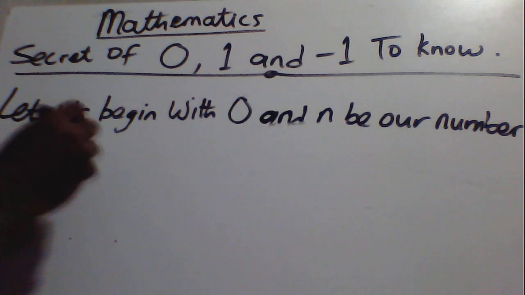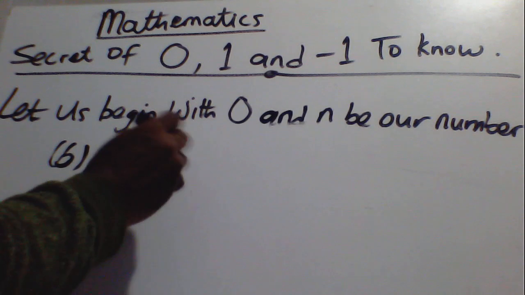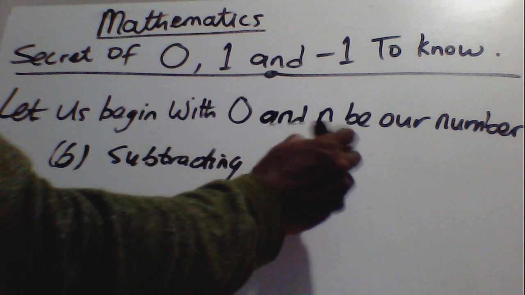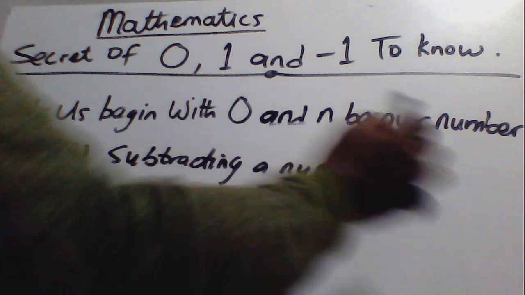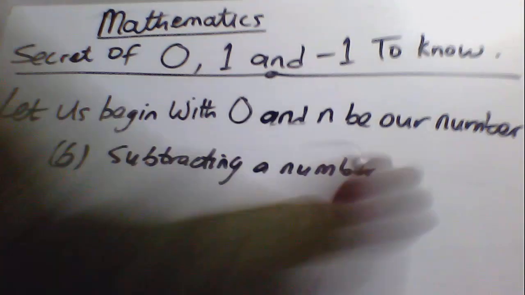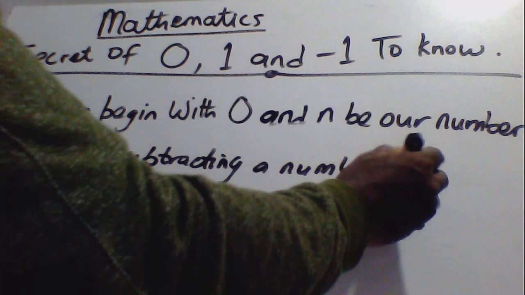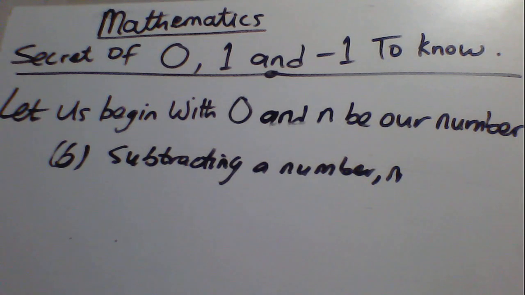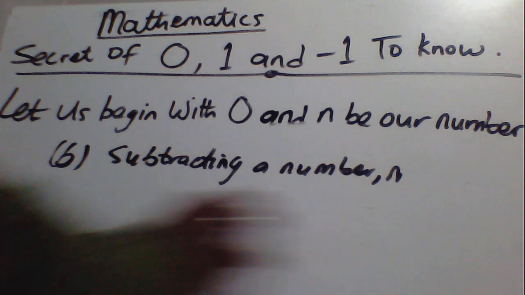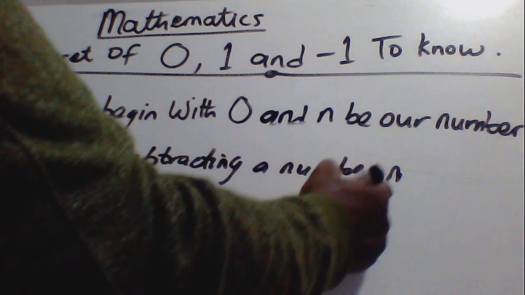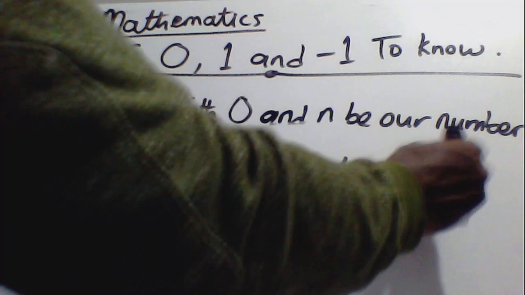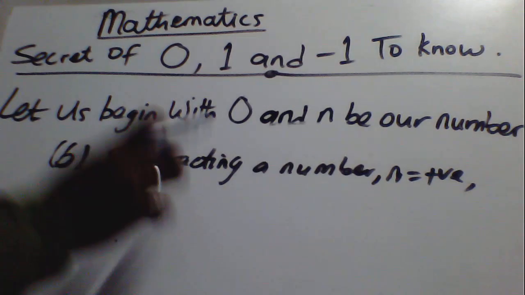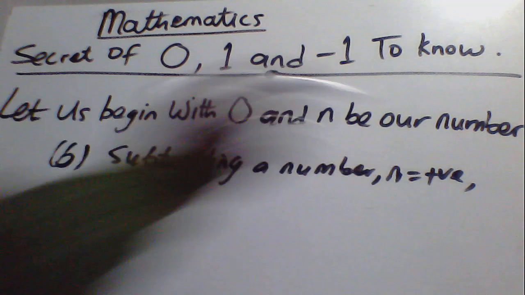So the 6th one: subtracting a number, in this case the number we are subtracting is n. It can be positive. Subtracting a number n, where n is equal to what? Positive.